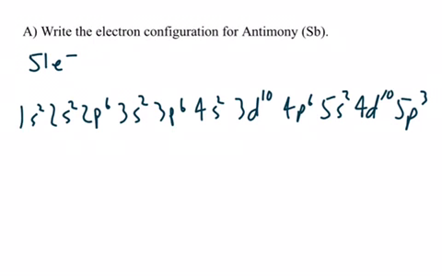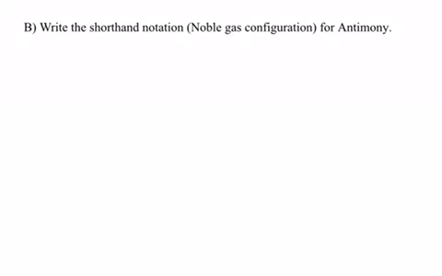Now, the second question is to identify the noble gas configuration for antimony. Antimony is in period 5, and the noble gas of period 5 is xenon. Now, we're not going to use xenon.